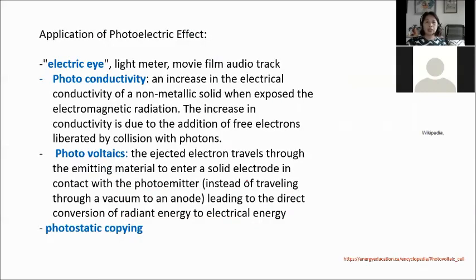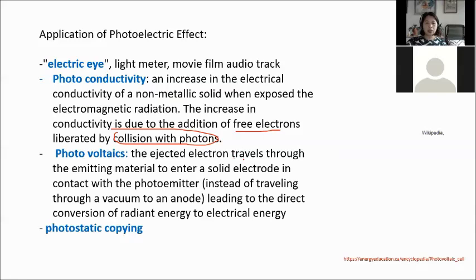Okay, for the application of photoelectric effect, first we have the electric eye. So this is light meter in movie, film, audio track. And another we have photoconductivity, an increase in the electrical conductivity of a non-metallic solid when exposed to electromagnetic radiation. The increase in conductivity is due to the addition of free electrons liberated by collision with photons. And then next we have photovoltaic.